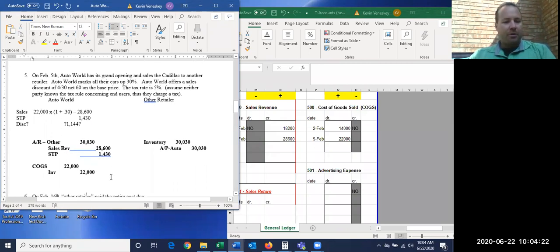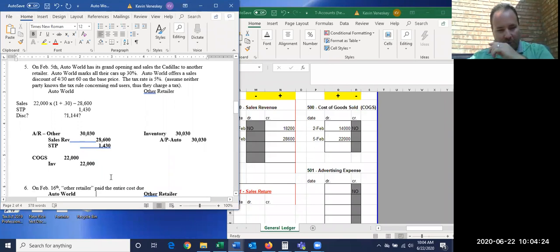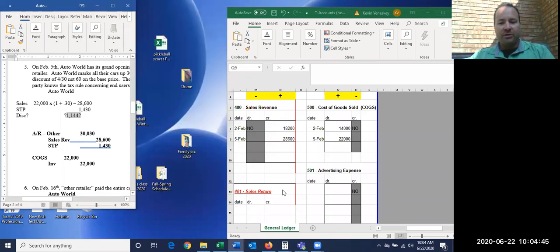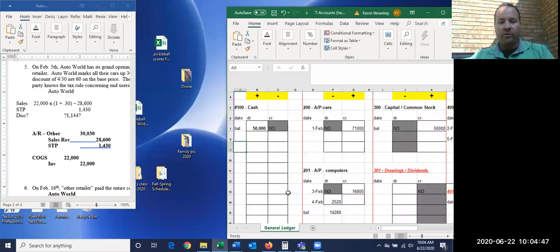Now we come down to part 6, and it says, okay, the other retailer paid us the bill. They definitely, if it was on February 5th, they definitely paid within 30 days. So they get that $1,144 discount. Now, how that works as a journal entry, what we need to do is figure out, okay, go back to what do they owe me?